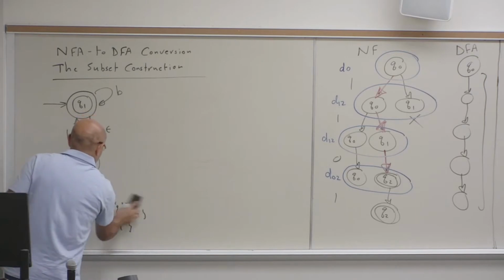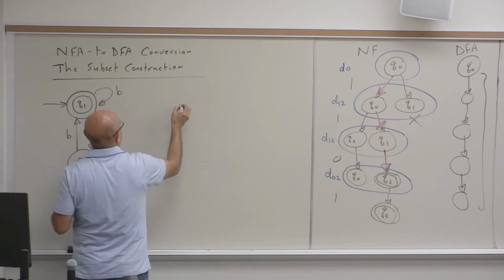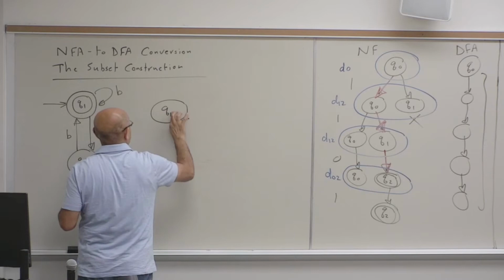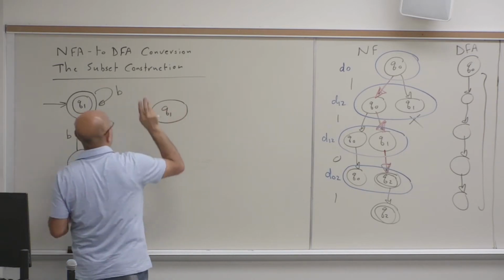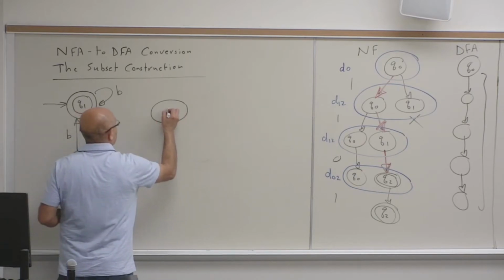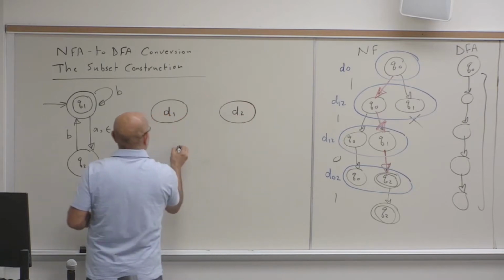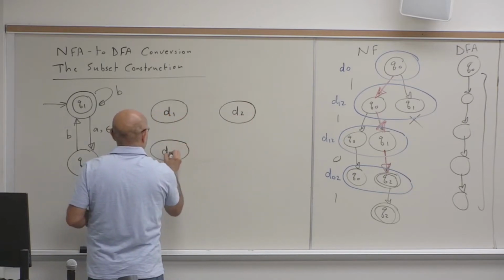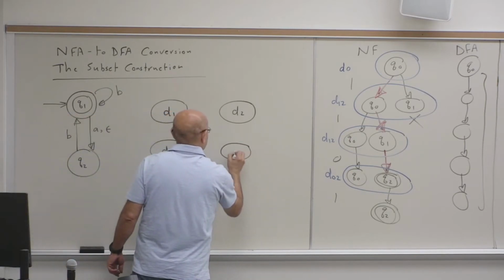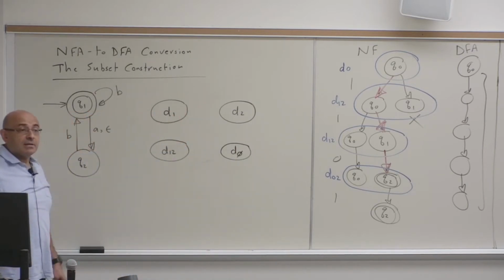Okay, so now, to avoid using the same name, I'm going to use D instead of Q. I'm going to call this D1, and then I'm going to have a D2, and a D12, and a D-empty. These are the subsets.